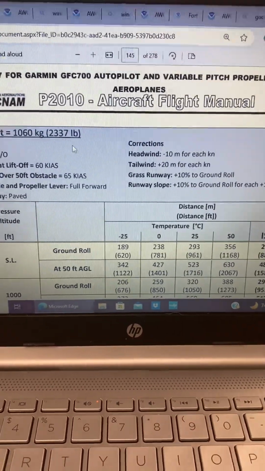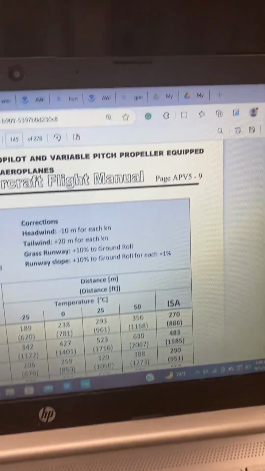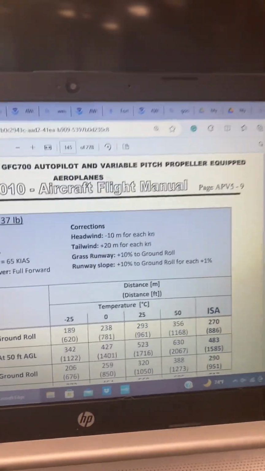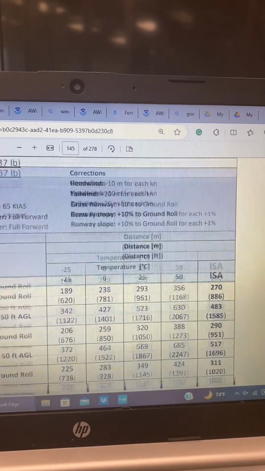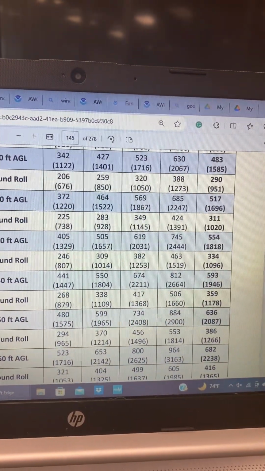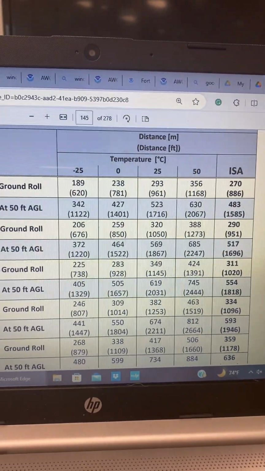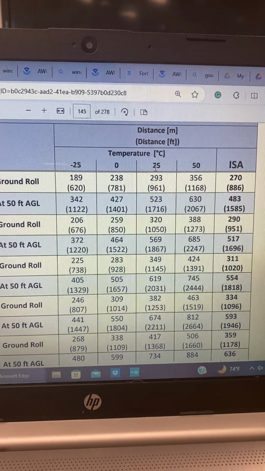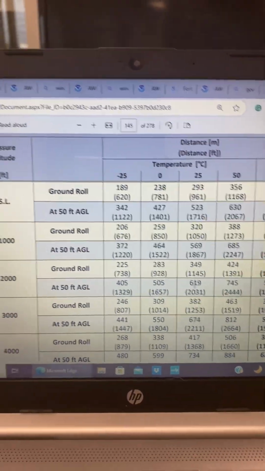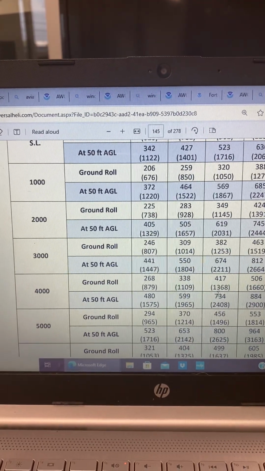This is very accurate for us, okay? We're gonna use this one. We determined our pressure altitude earlier, and we're gonna use that. So our pressure altitude was close to 5,000 feet, okay? So we're right here. And we're looking at our temperatures, right? Our temperature was 24 degrees. So we're gonna be on this row, scrolling down to our pressure altitude of 5,000 feet, okay?